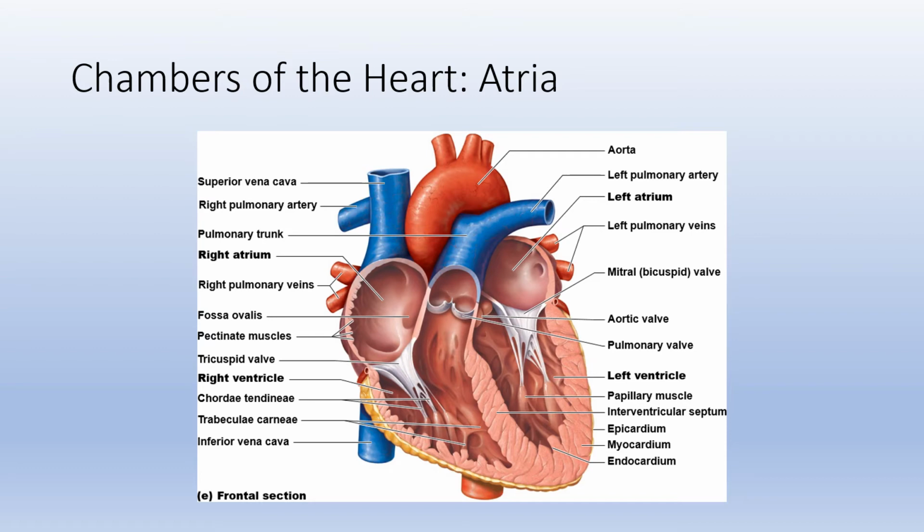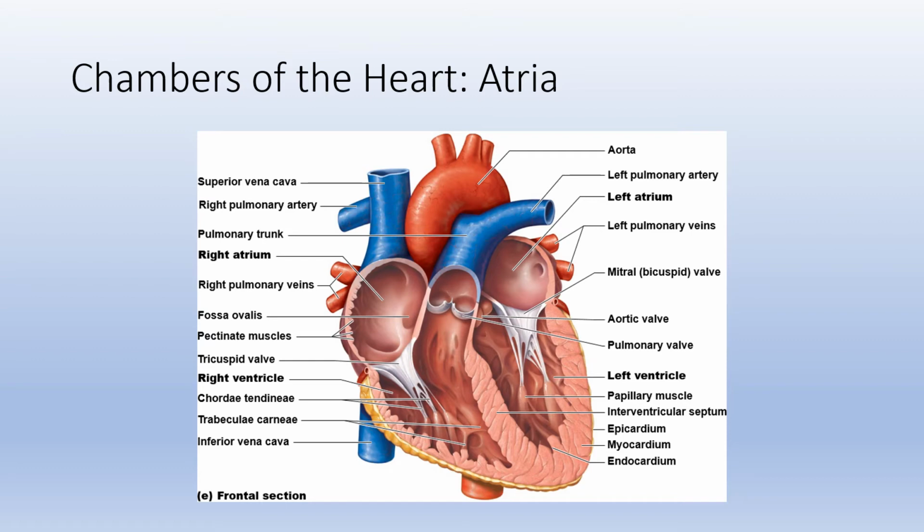Remember, the right atrium receives deoxygenated blood from 3 vessels. The first is the superior vena cava. The superior vena cava is this large blue tube emptying into the right atrium. It carries oxygen-poor blood from structures superior to the diaphragm.